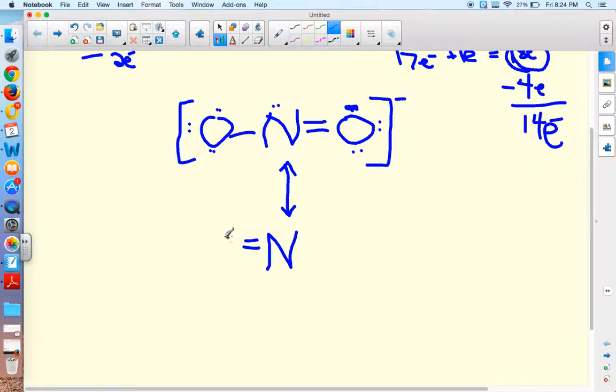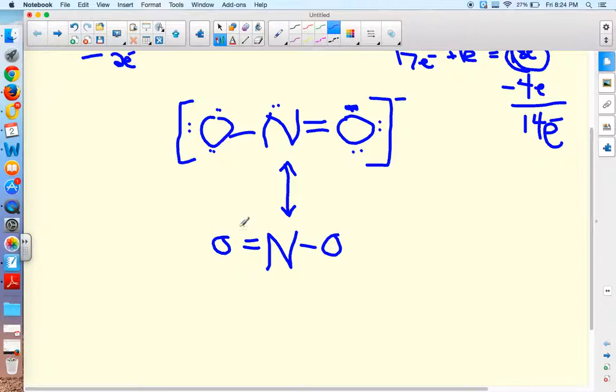By drawing both of these, I'm showing that the electrons are really found kind of equally between these 2 bonds. So this extra pair of electrons is going between the nitrogen and this oxygen and between the nitrogen and this oxygen. So I don't have to recalculate the cache or anything.